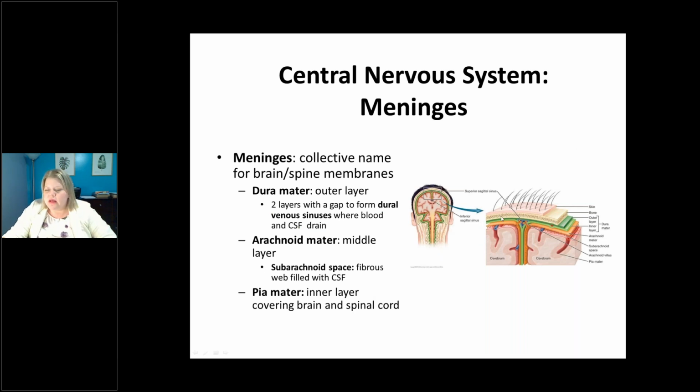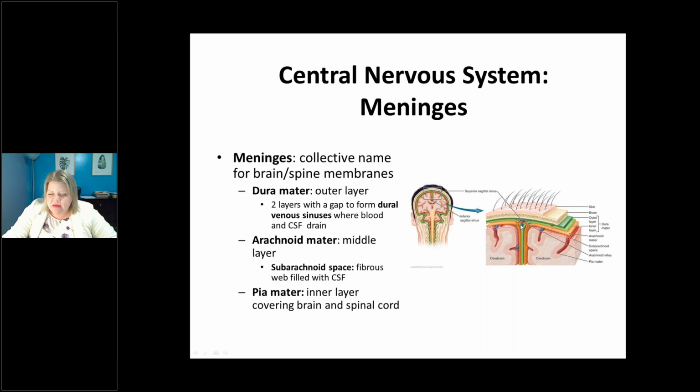If you pay attention to the layers here, you have the skull, the skin layer over top of the skull, and underneath, directly to the bone, you can see the dura mater, the outer layer and the inner layer with a gap. And this is where you have the dural sinuses, where your blood vessels can be present.